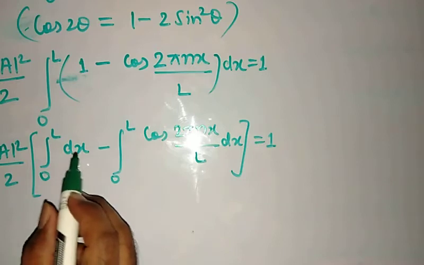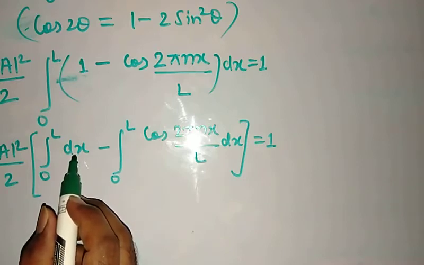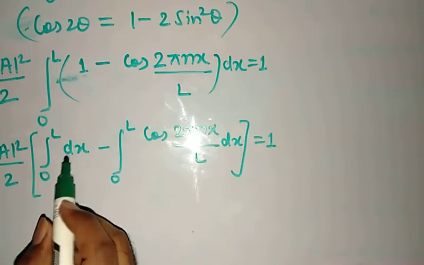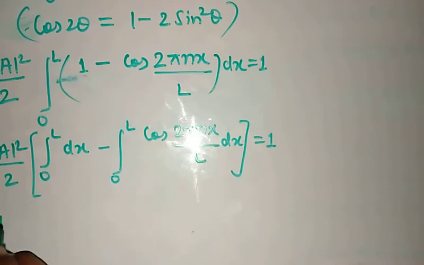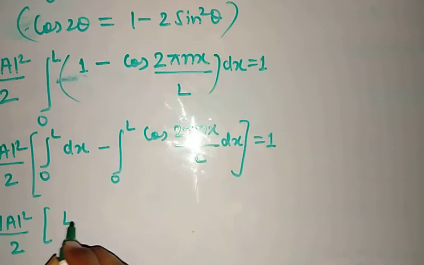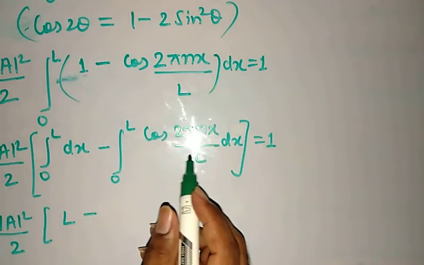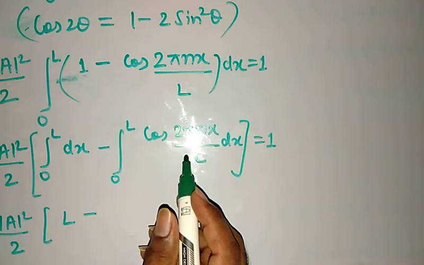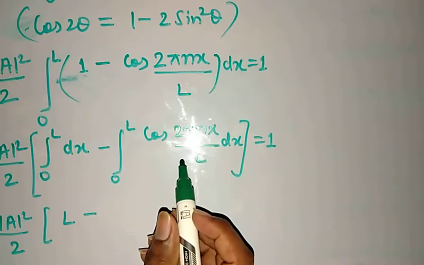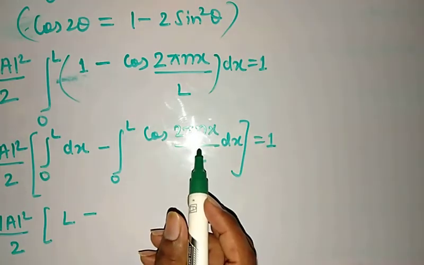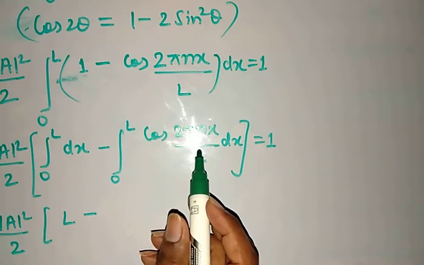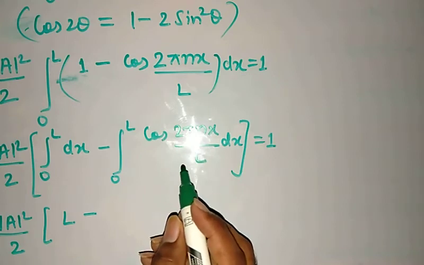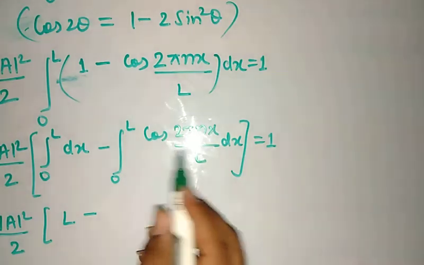Obviously this is x. When we put the value, this will be L minus 0, that is L. So mod A square by 2, this is L minus, now to integrate this one we will use the formula of cos x in terms of sin x.